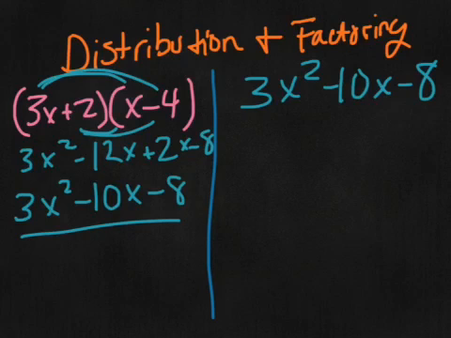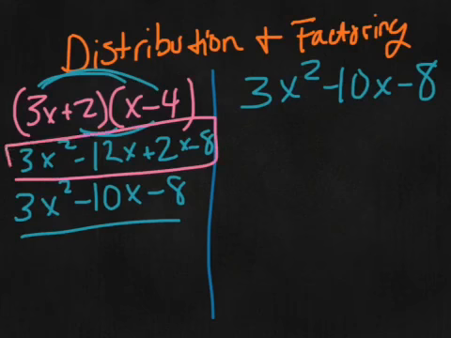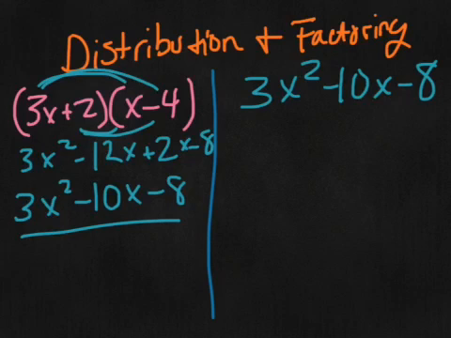So, looking at the process of distribution, we have two main steps. We have a step of multiplication, and then we also have a step where we add and we combine like terms. To factor, we're going to do this process going in this direction. So the first thing that we need to do is get back here. Well, the way we're going to do that is we first need to recognize a pattern that occurs within the distributive property.